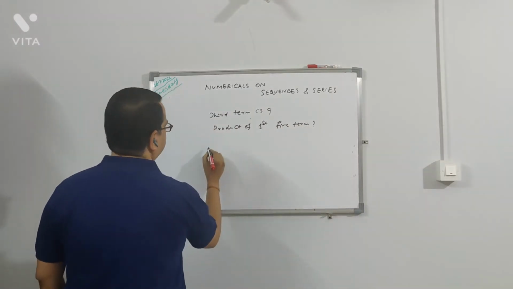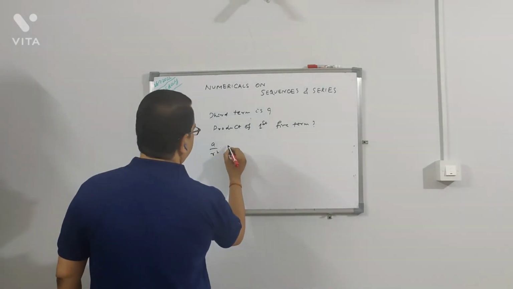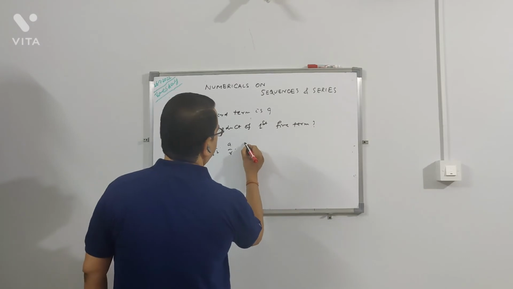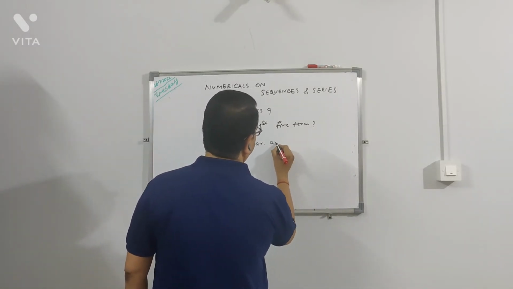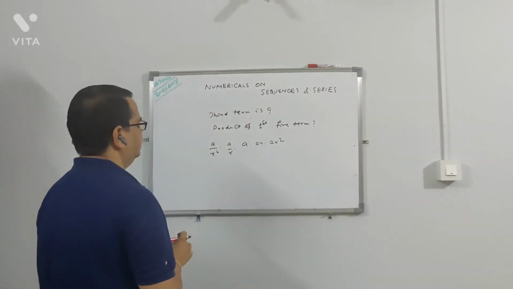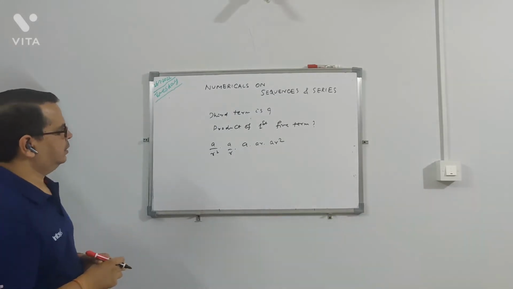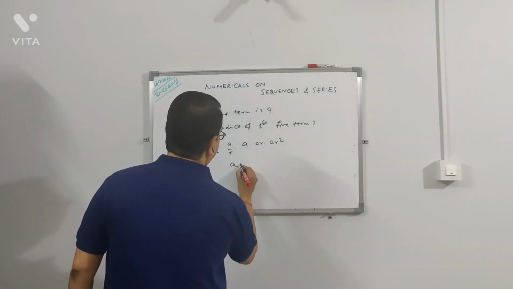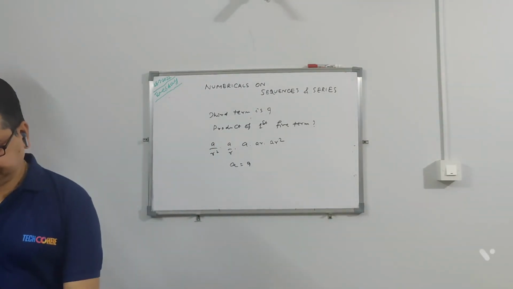So here you can write it like this. Let us say first term is A by R square. Second term is A by R. Third term is A. Fourth term is AR. Fifth term is AR square. So your third term A is equal to 9.